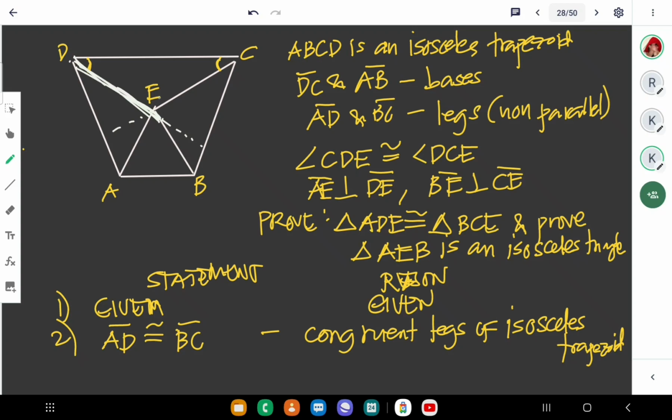So we can conclude that angle DEA and angle CEB are right angles.